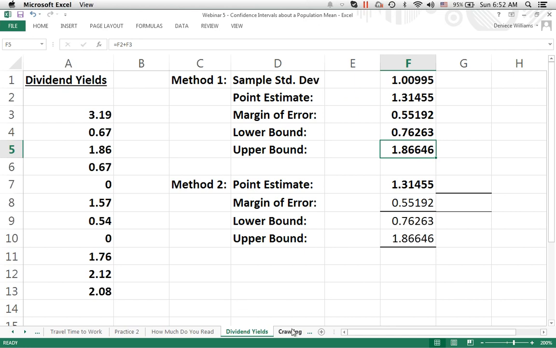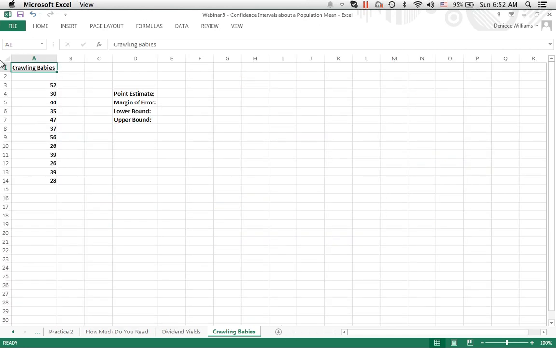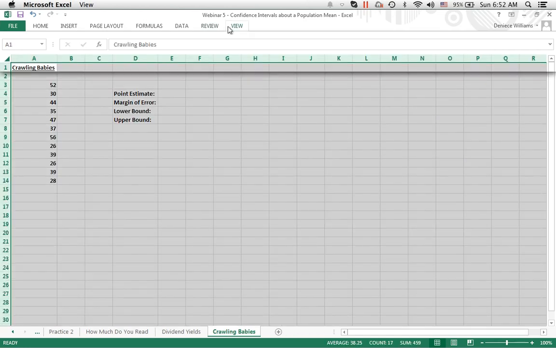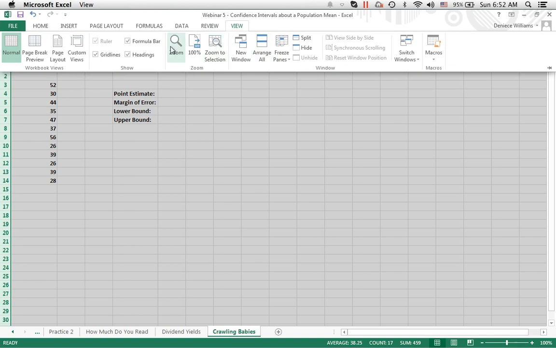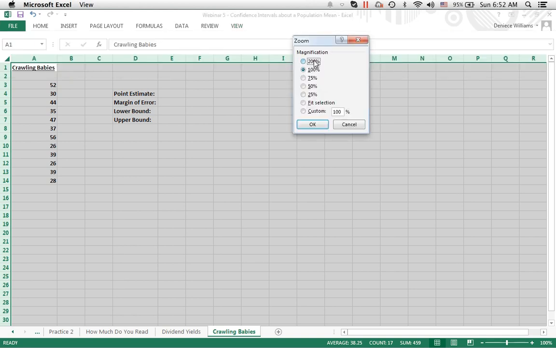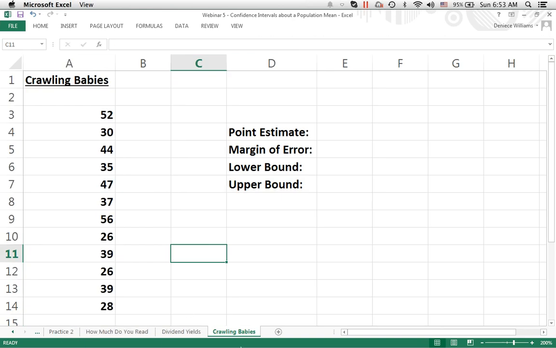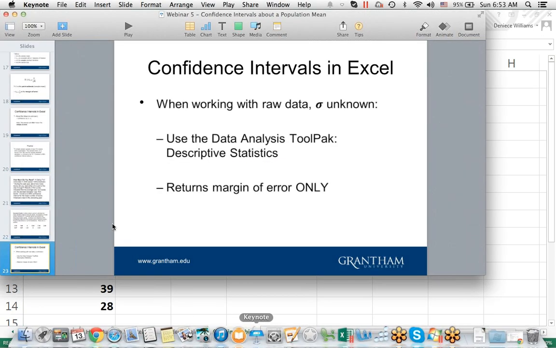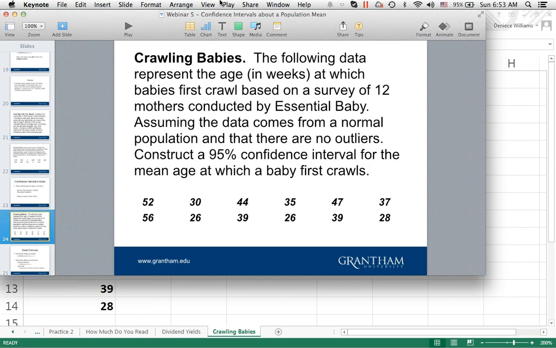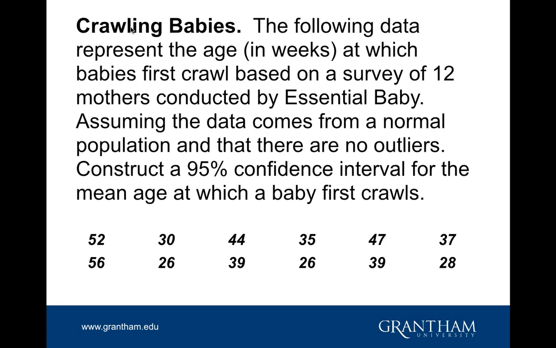We're going to do one last problem just to make sure you got it. Now, this one has to do with crawling babies.